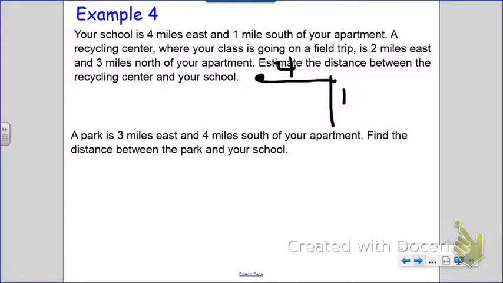The recycling center is 2 miles east and 3 miles north of your apartment.